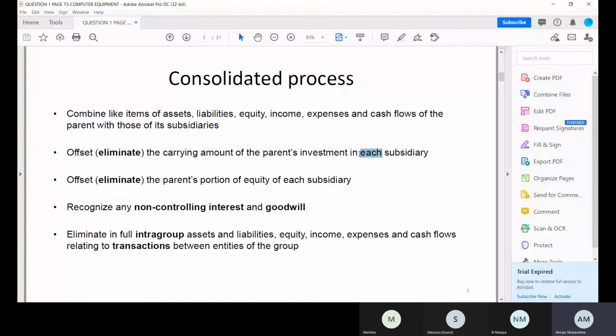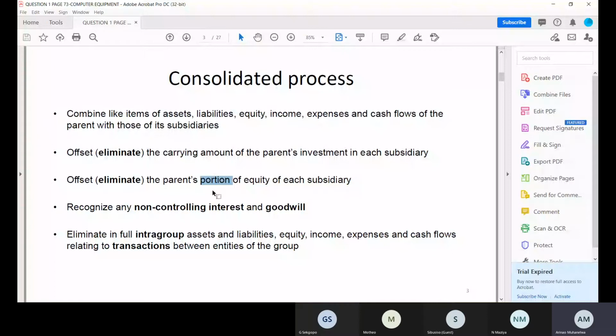When they say portion, it is because sometimes you may find that the parent only owns part of the subsidiary, so there is a non-controlling interest.